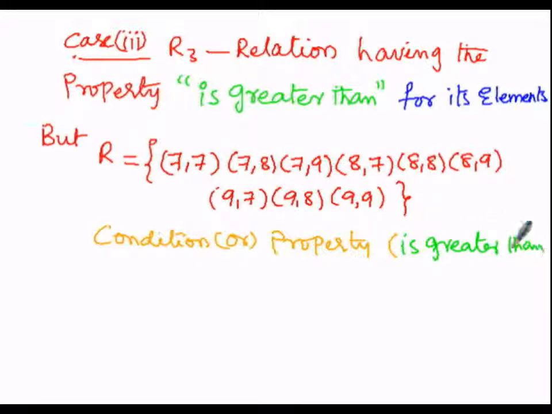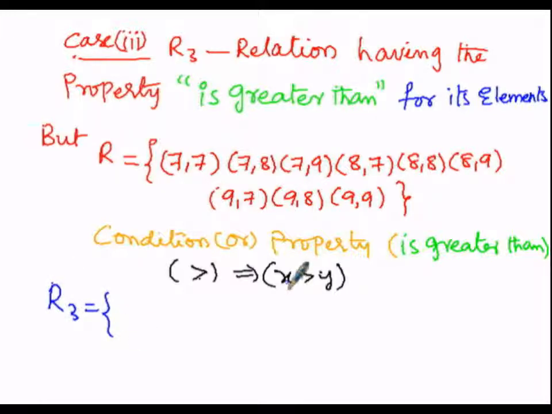Mathematically we can write it with the greater than symbol. That implies that in an ordered pair, the first coordinate x must be greater than the second coordinate y. So based upon this property, we write the relation R3.